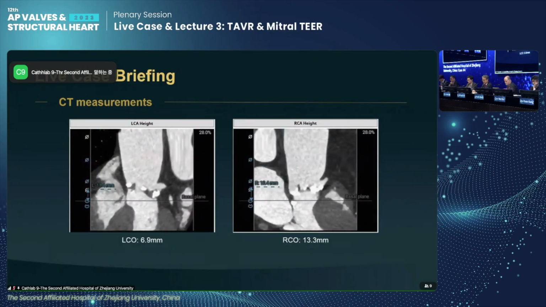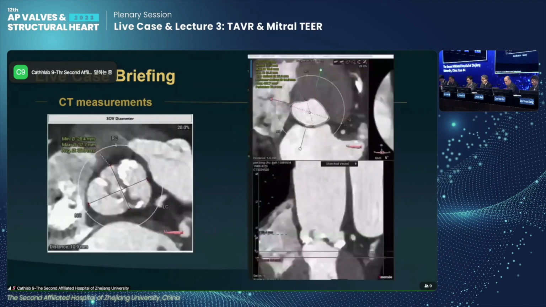We can see very thickened leaflets and heavy cell calcification. The coronary height of the left coronary is not so high, about 7 millimeters. And the patient is a bicuspid.